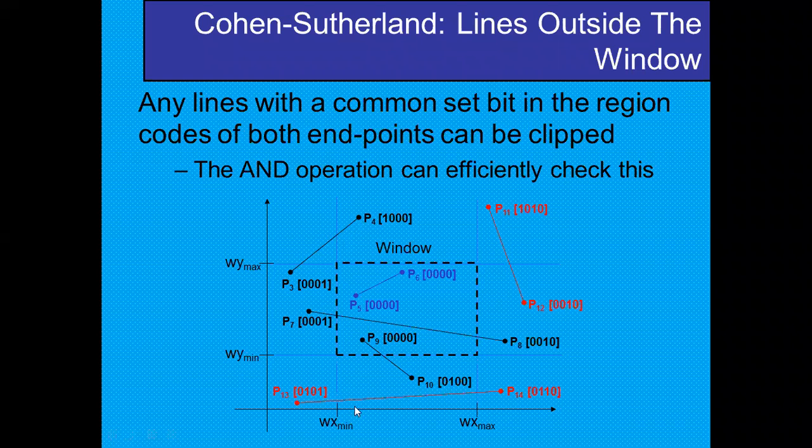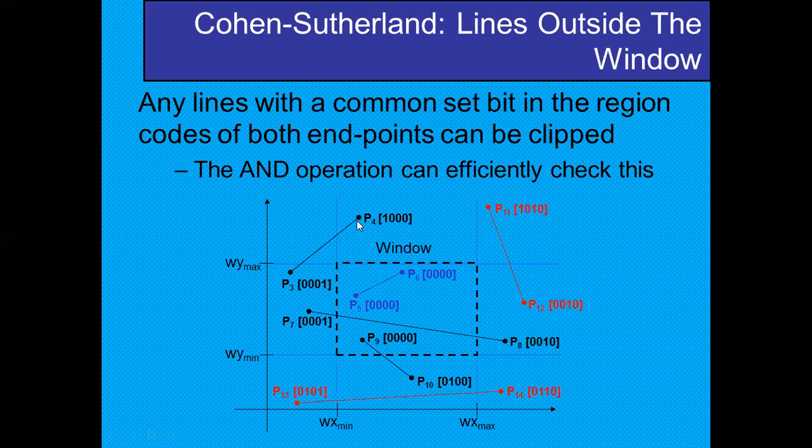Here you can see this red portion P13, P14 is completely outside. In this case also it is outside. Here it is partially inside and partially outside, and here too, so there are two intersection points.